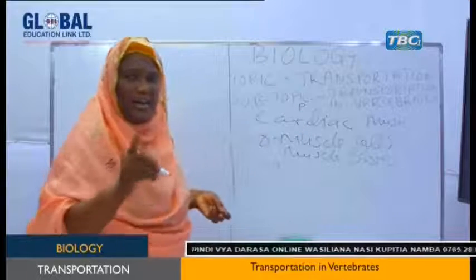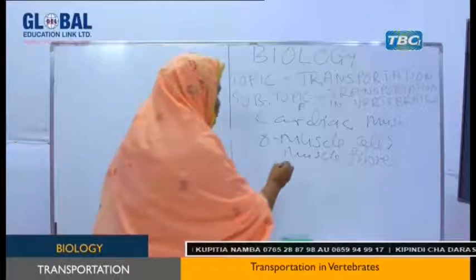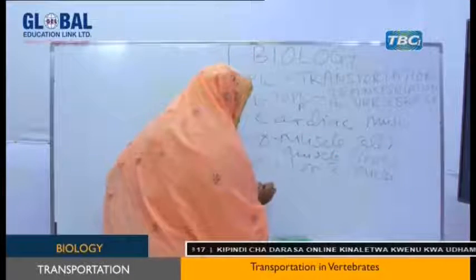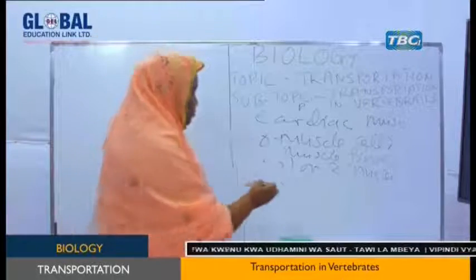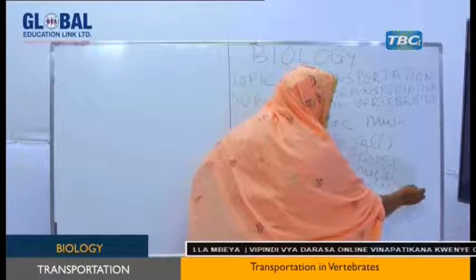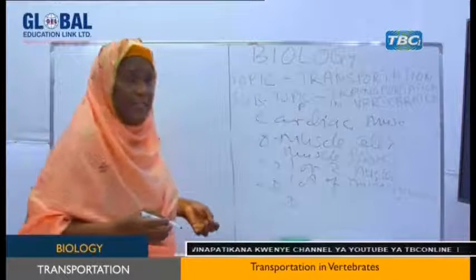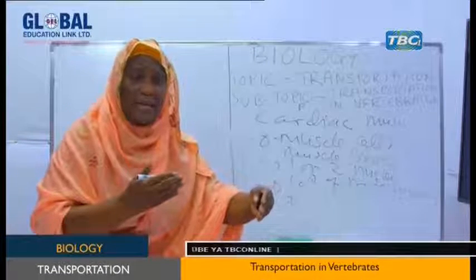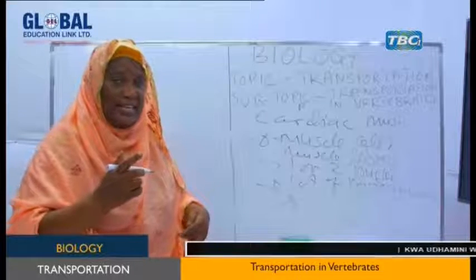Each muscle cell contains either one or two nuclei. They have a lot of mitochondria. And one muscle fiber is separated from another muscle fiber by a dark band. The dark band is known as an intercalated disc.